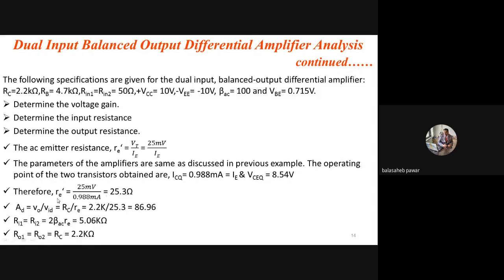And the remaining part is very simple. As I already highlighted, AD equals capital RC by small re. So capital RC is 2.2K, small re is 25.3. So you will get the differential gain of this differential amplifier as 86.96. Ri1 equals Ri2 equals twice beta AC into re.